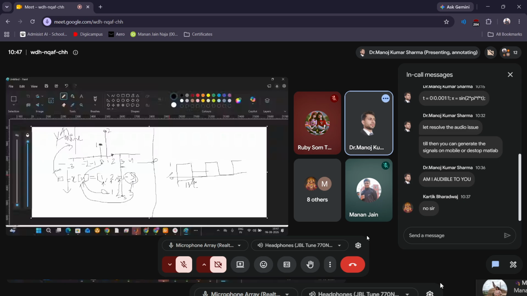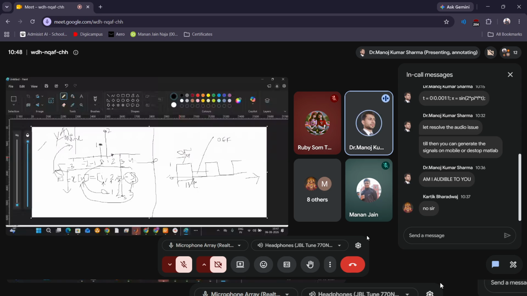So for the next 1 second, it is not on the y-axis. That means the value is 0. This is the off state, and this will be treated as the on state, and it continues in this fashion.